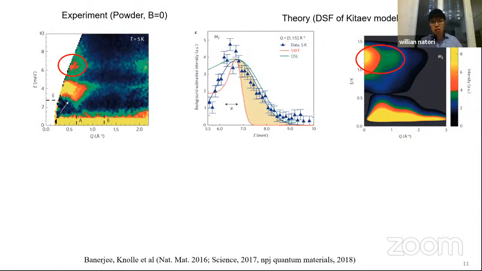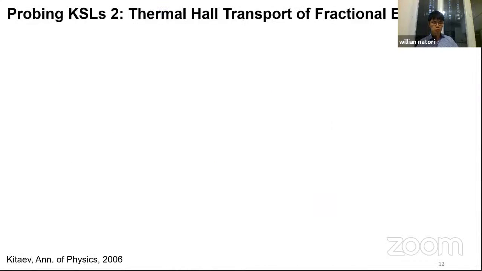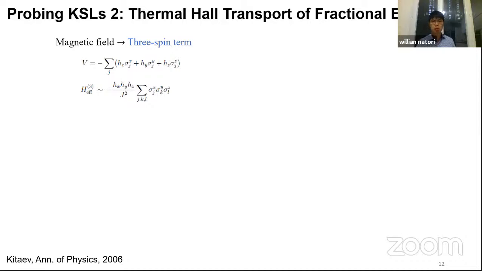Now, what's interesting of this is that even if you consider the ground state of the ruthenium trichloride, you will find some high energy excitations that are consistent with these neutron scattering experiments. But let me just pass on to the next part, which is even more interesting. It was actually proposed by Kitaev himself in his original paper.